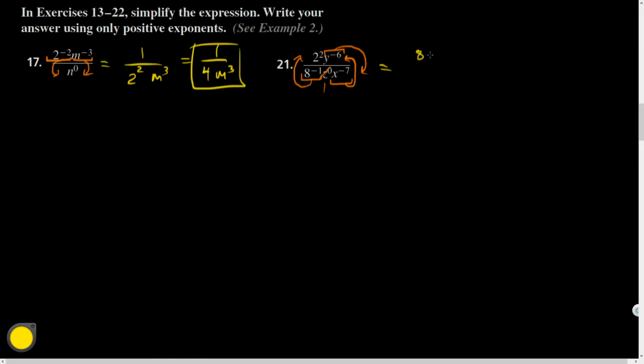So 8 times 2 squared. Actually, friends, let's focus on the learning here. So 2 squared, let's simplify that right now, is 4. x to the 7th. 8 to the negative 1st became 8 to the 1st, which is 8.